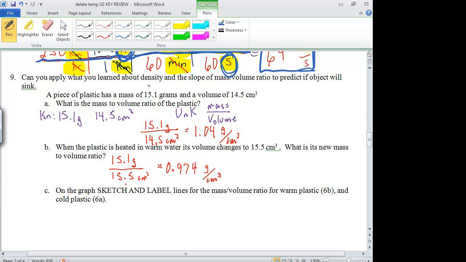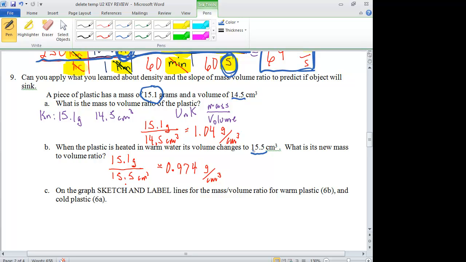It has a mass of about just a little over 15 grams, and the volume actually changes from 14.5 when it's cold to 15.5 when it gets warmed up. So what that does is it changes our mass to volume ratio.